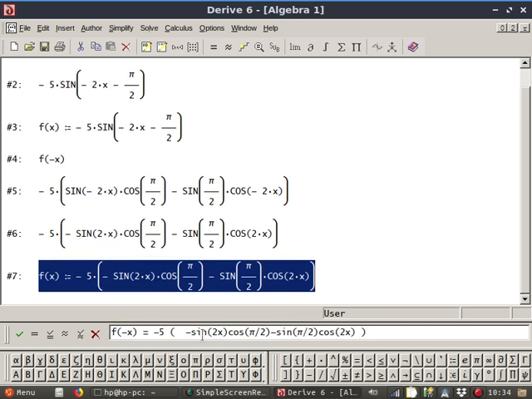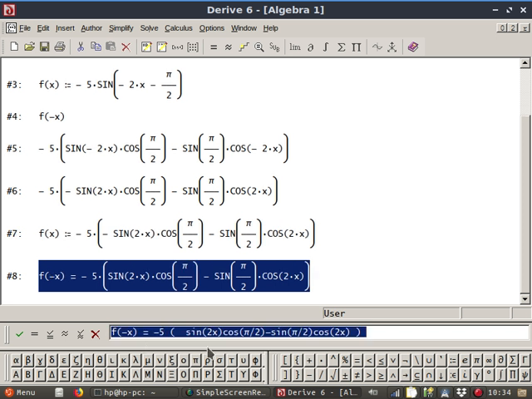That would be minus goes here, and that minus comes out to make it a plus. And then a minus is here, and it's even, so that's gone. This is equal to sine of 2x minus pi over 2.